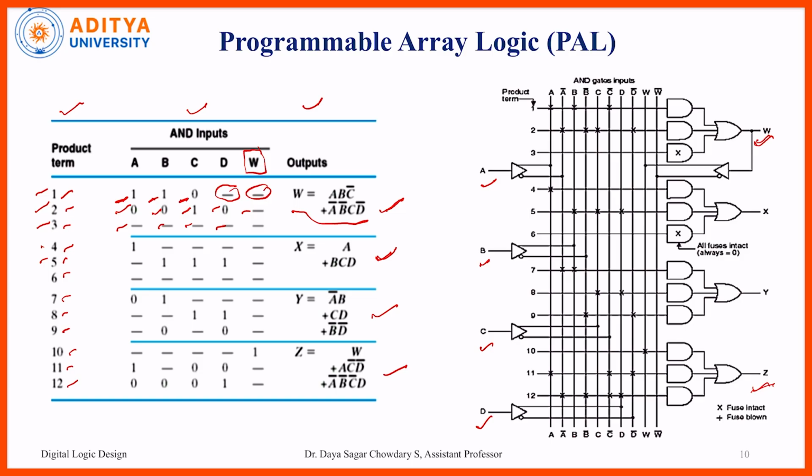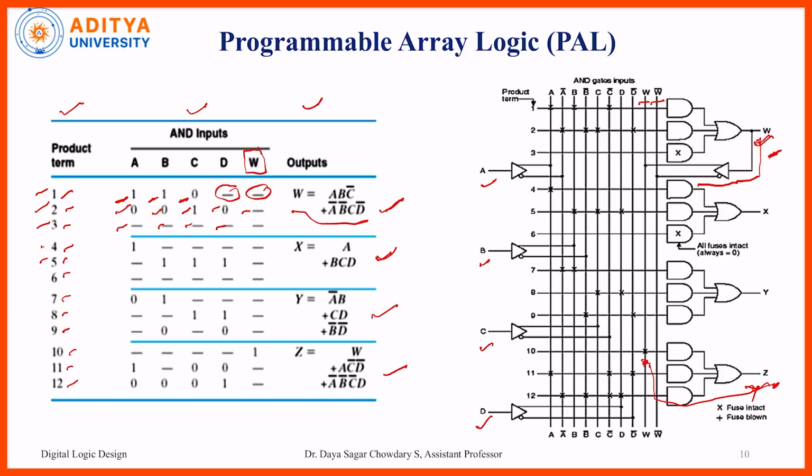That is why the W output is again used as the W bar input in this particular Z. So here W is applied in the output of Z. That means W is an output, but it acts as an input for Z.